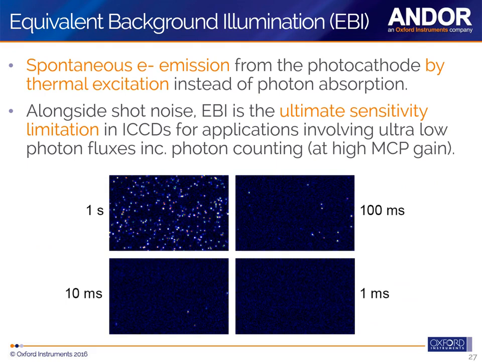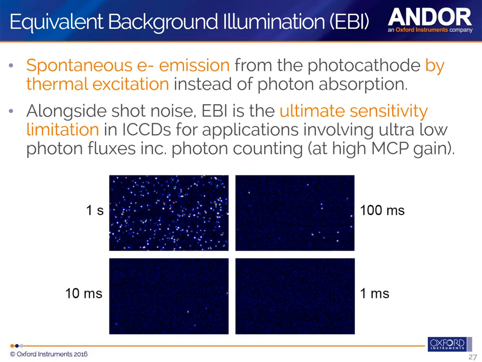EBI is a spontaneous emission of photoelectrons from a photocathode through thermal excitation, and that's not from photoabsorption. So basically, if you were to leave the camera in darkness, put the gain very high and take acquisition times of maybe a second as shown above, you will see all these little speckly noise events that are single EBI events being amplified by the MCP, making their way to the sensor and being detected.